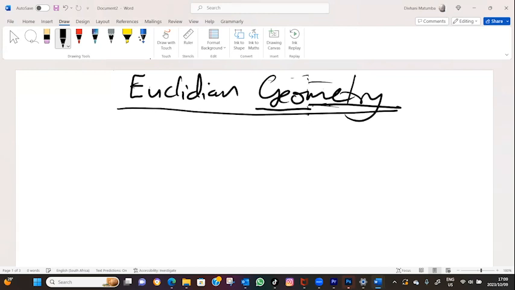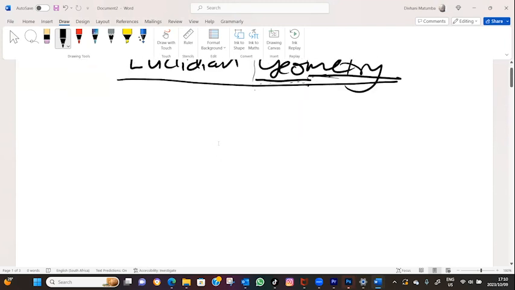Like geography, which is a study of the earth's shapes. So this has to do with shapes, right, guys? Without wasting your time, we're just going to be explaining theorems. So I'm not going to do any examples in this exercise.